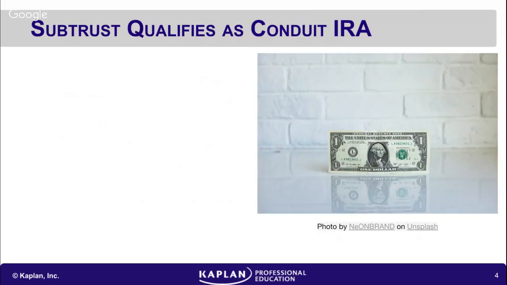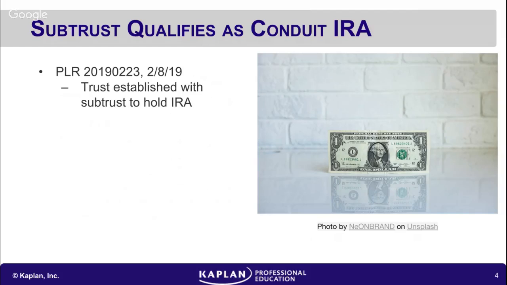Next development. We're going to take a look at a private letter ruling here, private letter ruling 2019-0223, issued on February the 8th. This is taking a look at the issue of when you leave an IRA to a trust. In this particular case, we have a single trust. The trust provided that when the gentleman died, it was a revocable living trust.